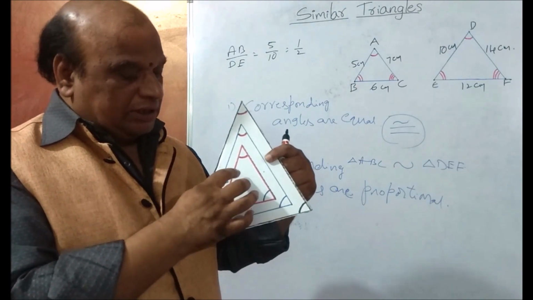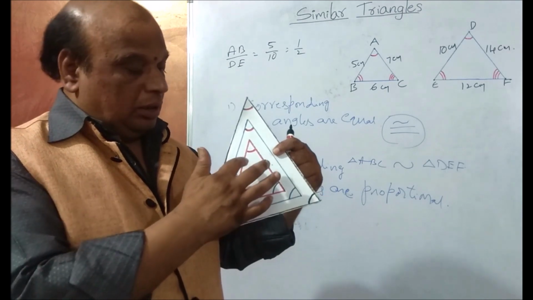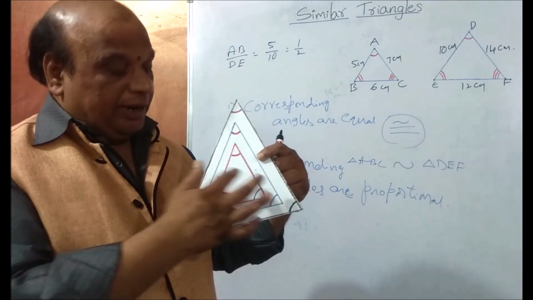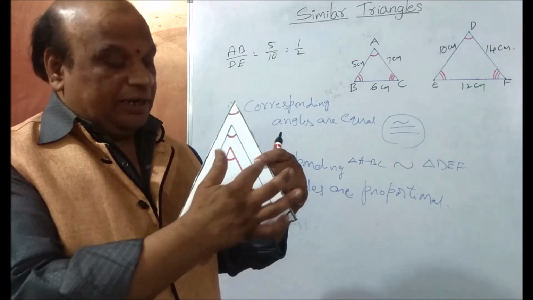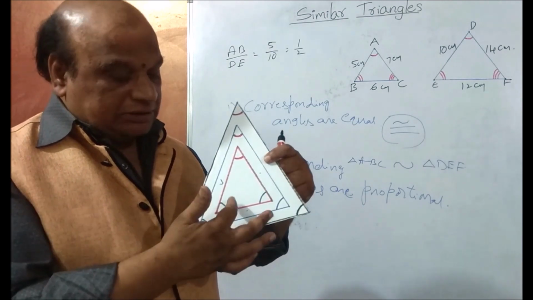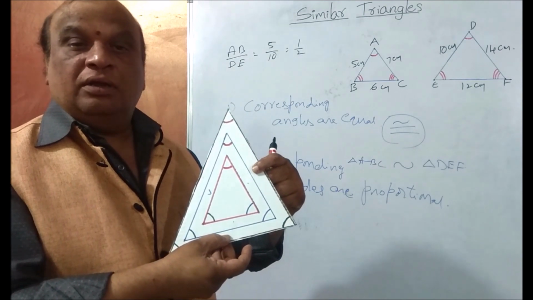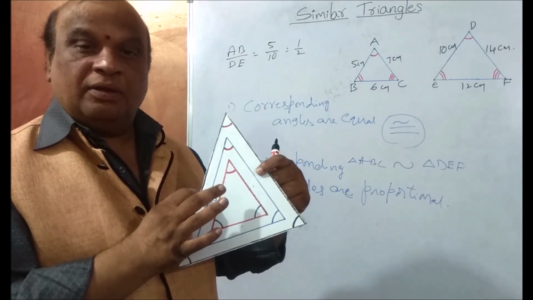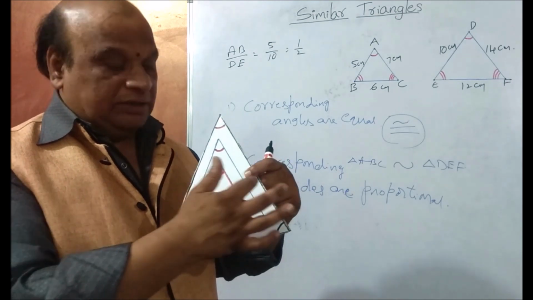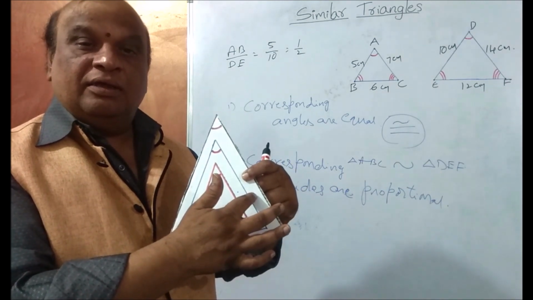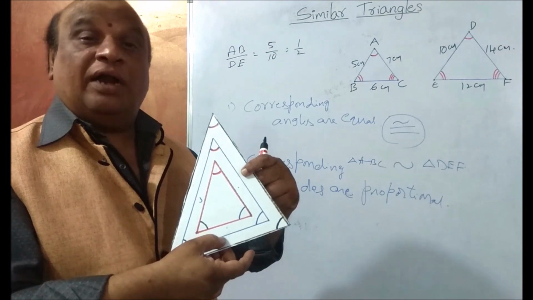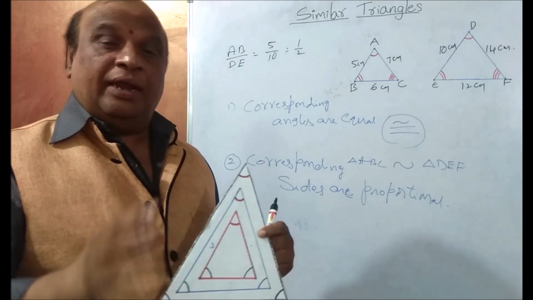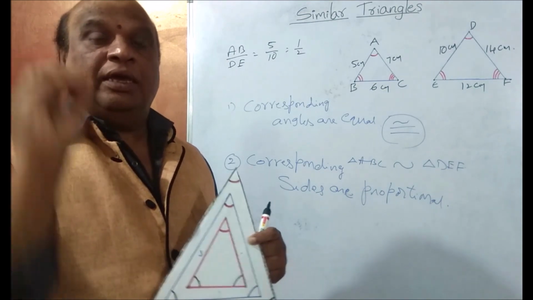Suppose this is 5 units, it should be 10. It is 6 units, it is 12. It is 7, it is 14. Or it is 10, it is 20. Here 15, it is 30. Here 20, it is 40. Like this, 1 by 2 or 1 by 3, any ratio, it should be equal.